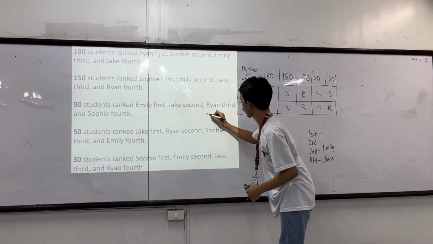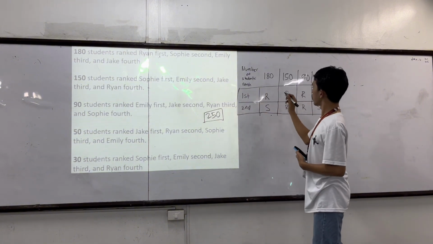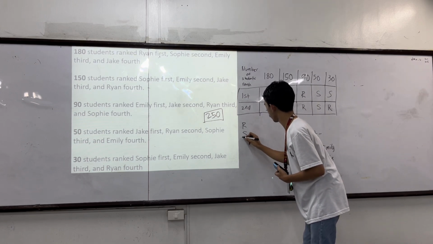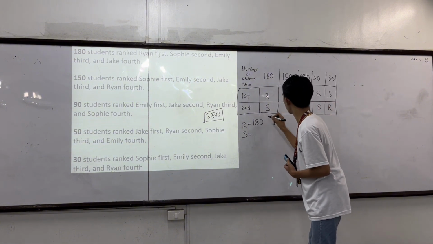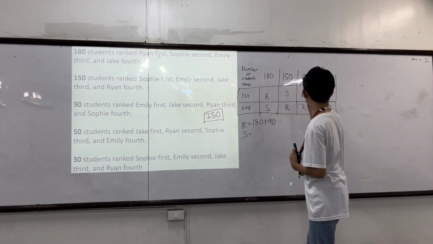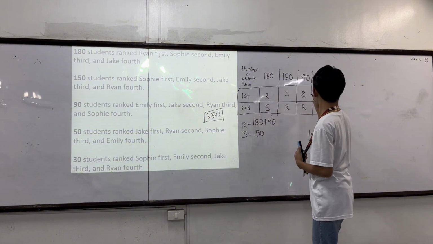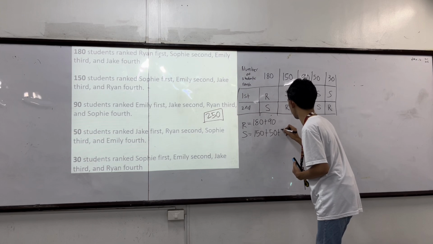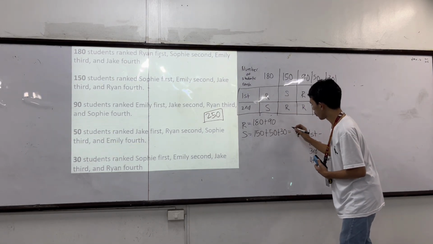The majority is 250. So Ryan and Sophie. Ryan got 180 plus 90, so we got 270. Sophie got 150 plus 50 plus 30, so we got 230.